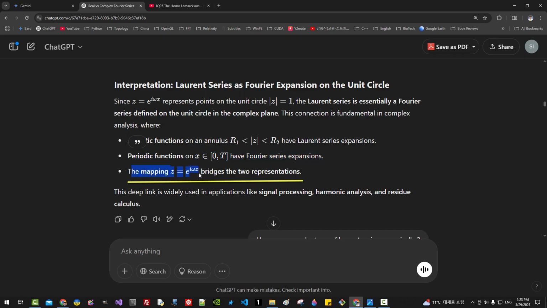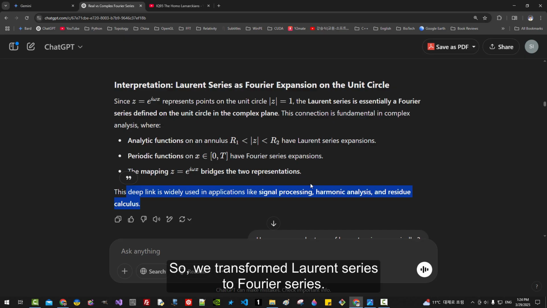The mapping z equals e to the power i omega x bridges the two representations. This deep link is widely used in applications like signal processing, harmonic analysis, and residue calculus. So, we transformed the Laurent series to the Fourier series.